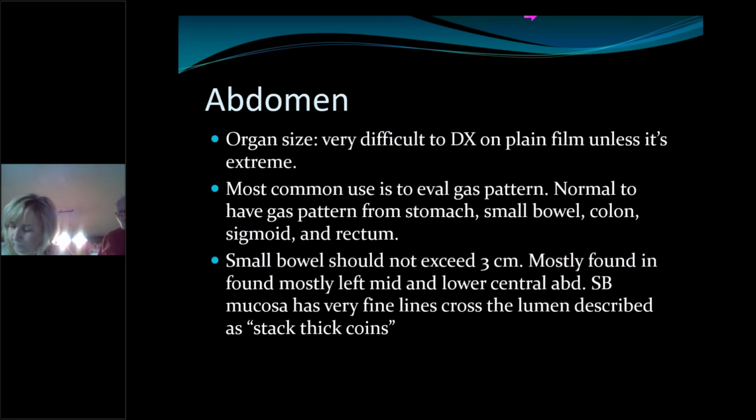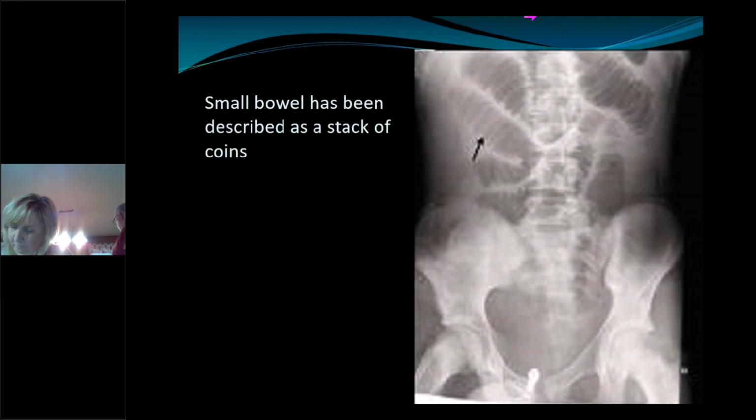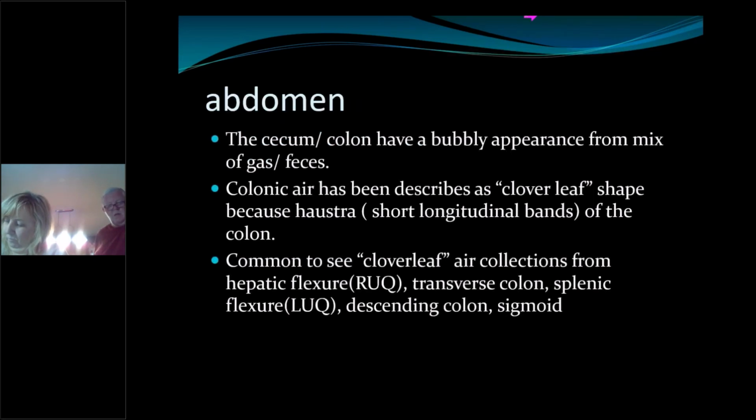Like in the old days, we used to roll coins, and if you looked at it from the side, that's kind of what they look like. So here's what a small bowel obstruction would look like. There are these small stacks, one on top of another, and that's very consistent with a small bowel obstruction. And we'll see the difference between that and an ileus momentarily.